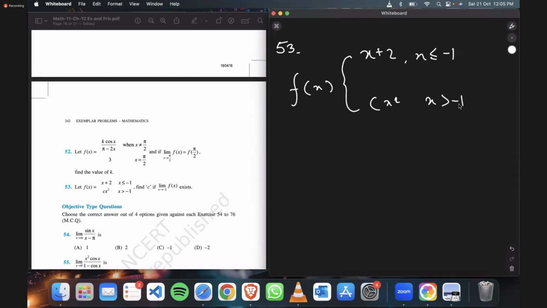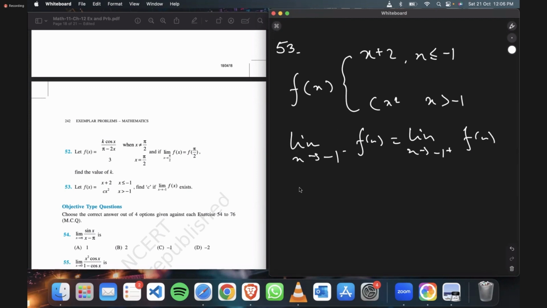Okay. So if we just equate the LHL and RHL, I think that it will end our question. So if I just find the limit for x tending to minus 1 negative for f x, it must be equal to limit for x tending to minus 1 positive for f x, putting the value for less than minus 1 and greater than minus 1. So less than minus 1 is x plus 2.